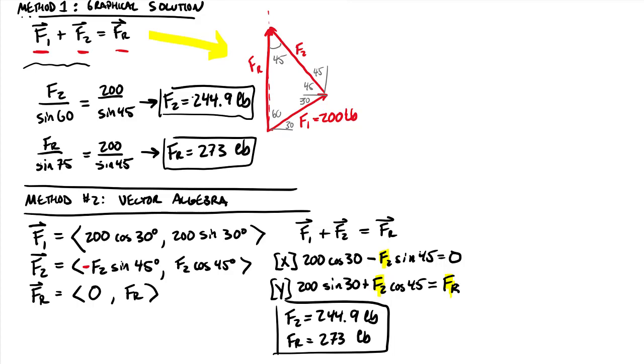So really, if you get greater than or equal to 3 vectors, I'm probably going to use vector algebra, but certainly for two vectors, adding them together, the graphical solution works just fine. I hope that sheds some light on these different approaches. You're totally welcome in my classes to take either approach in your problem solving.